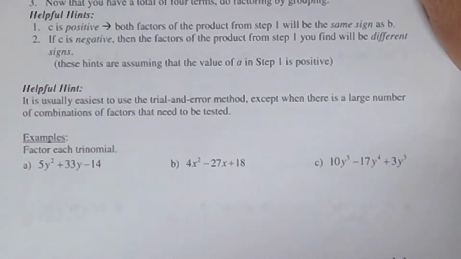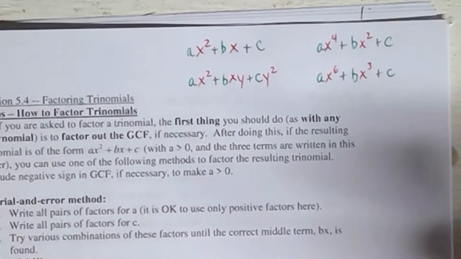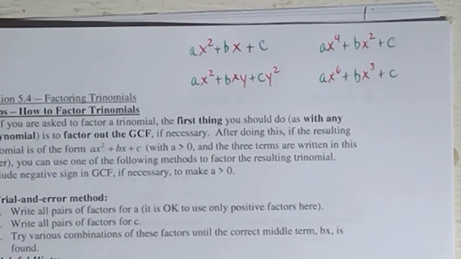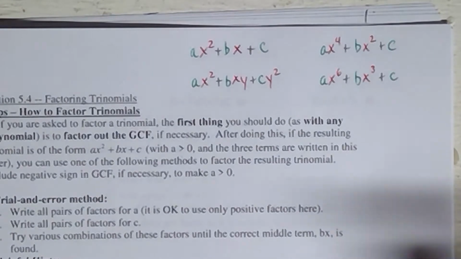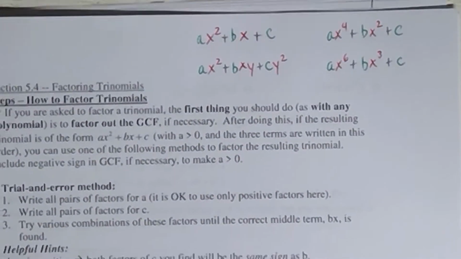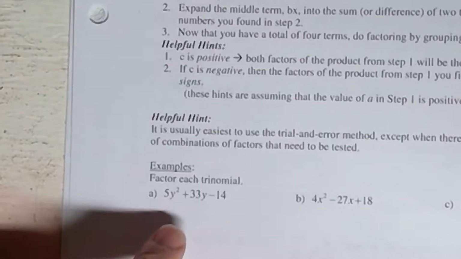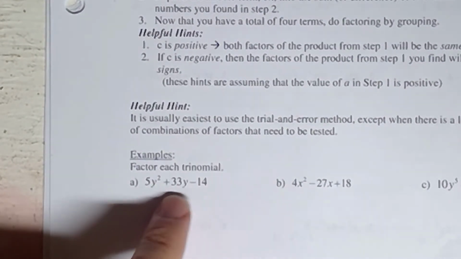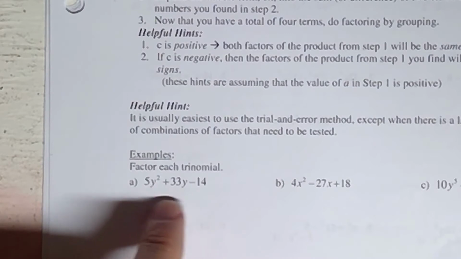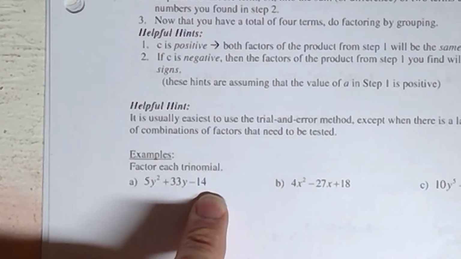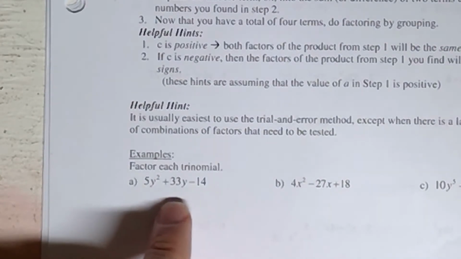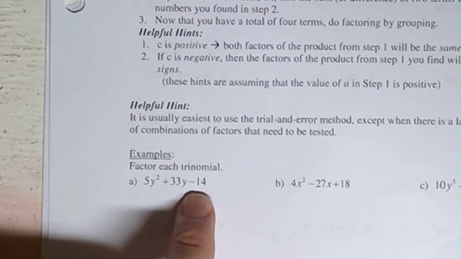Well, the first thing I need to say is that if we have three terms, and assuming that you've already done the GCF step and you're looking at your leftover polynomial, and by the way, if the GCF is 1, you wouldn't factor that out, so the leftover polynomial is just the original polynomial.